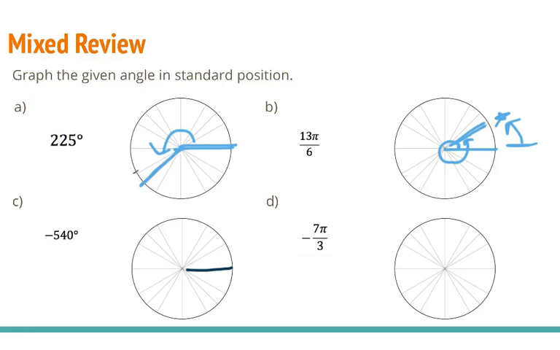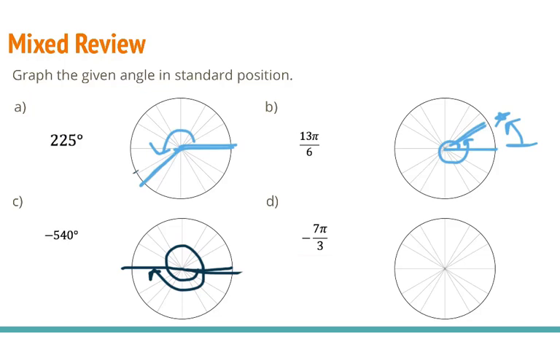So I know if I went all the way around once and I just ended up right back here, I need to go an extra 180 degrees, which would end up being here. So my angle ends up looking like this, well, just a flat line really. But I do need to show in my arrow that I went all the way around and then did this extra half. And that's how I'll graph negative 540 degrees.